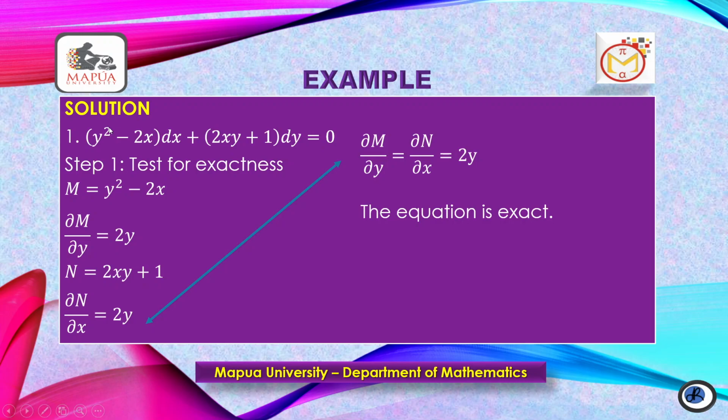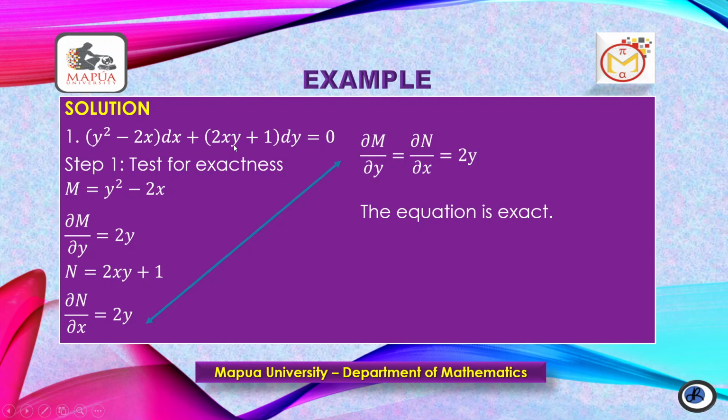Let us check if it is a homogeneous equation. In a homogeneous equation, the degree of the terms should be the same. This is raised to square, this is only raised to 1, so they are not the same. This is a square, and the 1 is degree 0. So it's not a homogeneous equation.